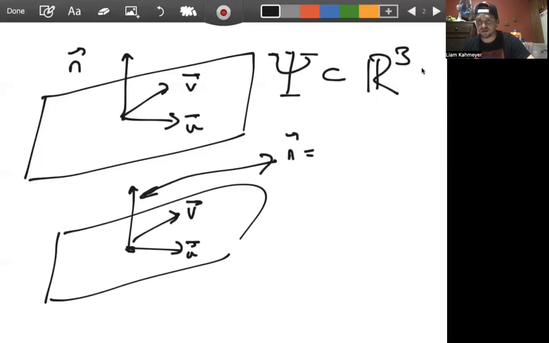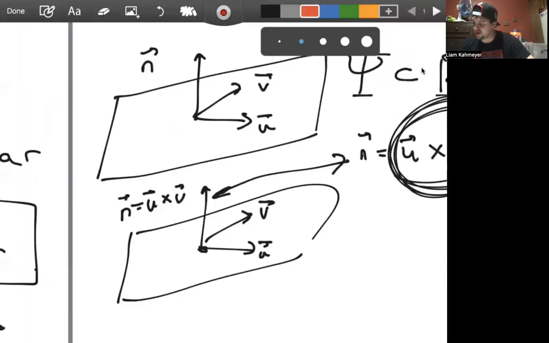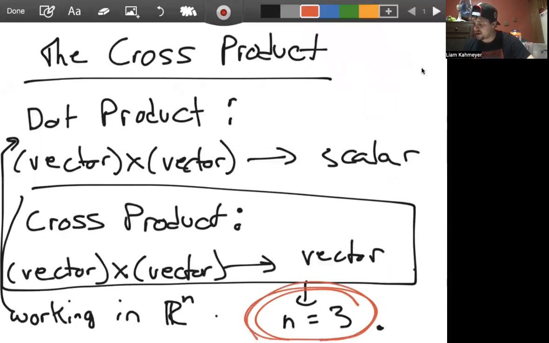So the normal vector, or a normal vector, is going to be the cross product of the two vectors here. So I've kind of spoiled the answer, but let's dissect what the cross product is. Here, a normal vector would be u cross v. And I want to emphasize that, again, this is just when our ambient Euclidean space is of dimension 3.